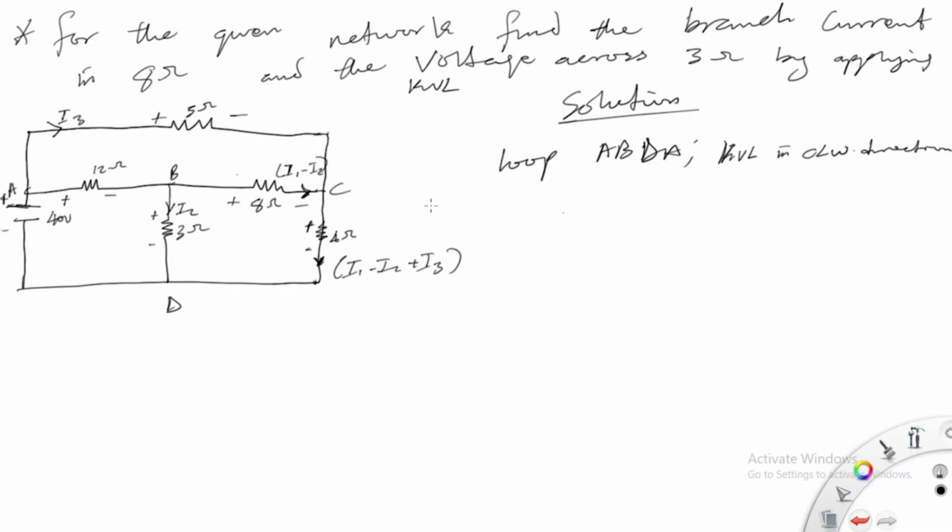If you see loop A, B, D, and A in a clockwise direction this way, we would have what?